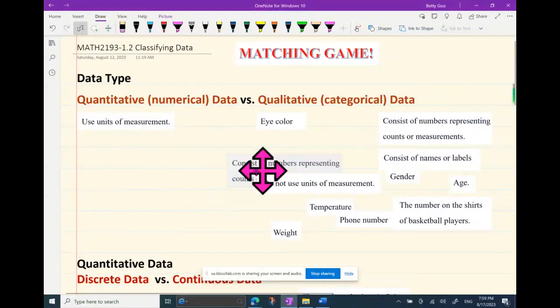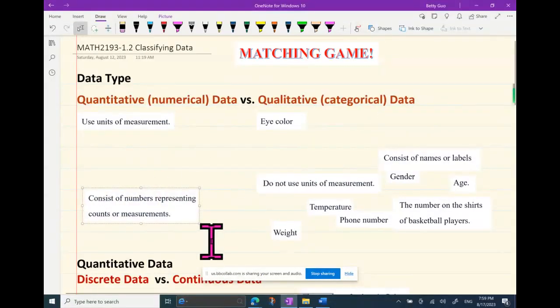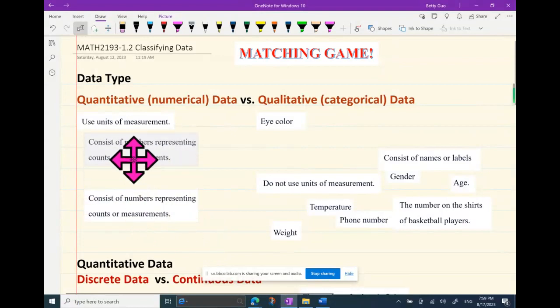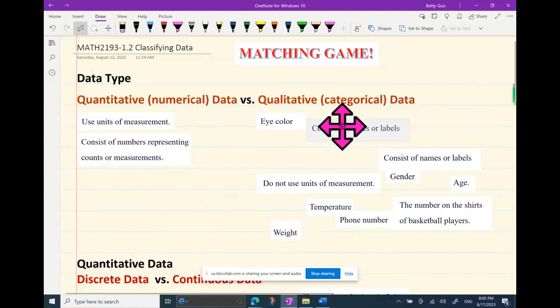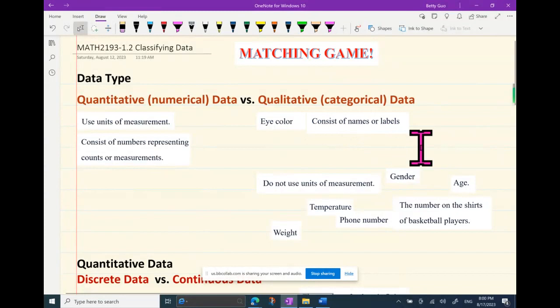Which one consists of numbers representing counts or measurements? Quantitative, right? Numbers that count or measure are quantitative or numerical. Which one consists of names or labels?